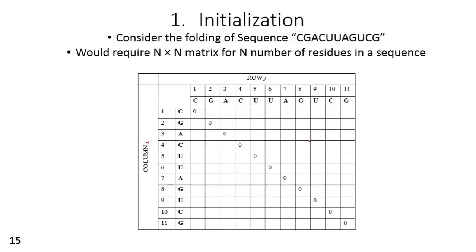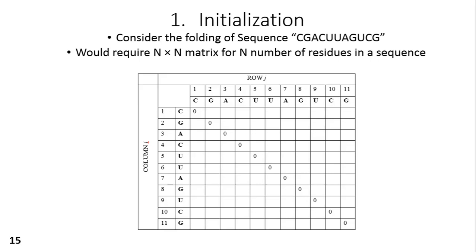Okay, so let us begin discussing the very first step, that is initialization. The very first step in our dynamic programming implementation for RNA secondary structure prediction is to initialize an S matrix.